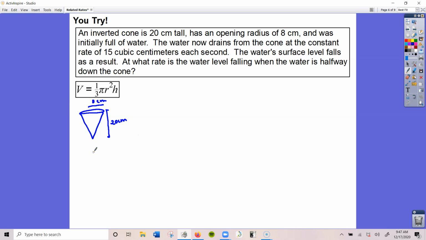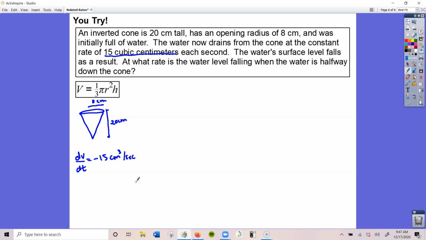And it was initially full of water. The water now drains from the cone at a constant rate of 15 cubic centimeters each second. So that is dV/dt, and it would be negative 15 because the water is draining. So negative 15 cubic centimeters per second.